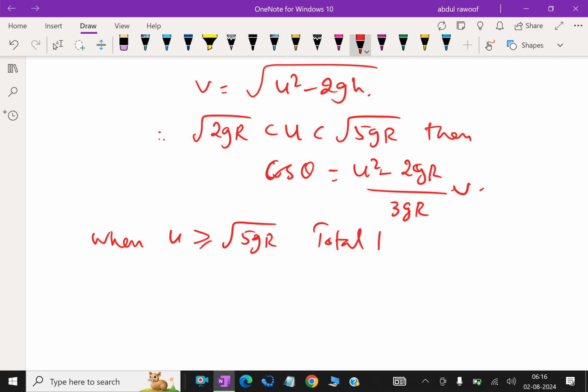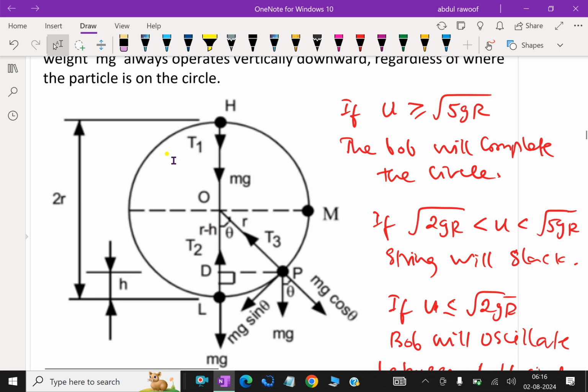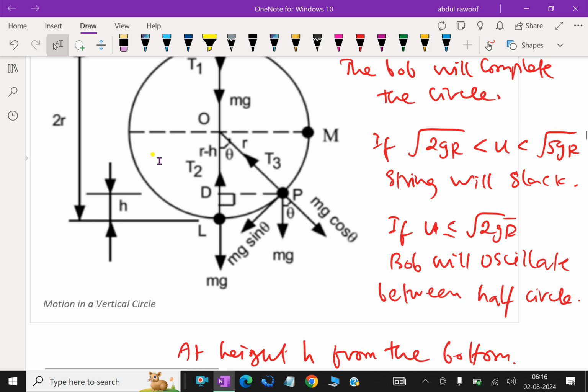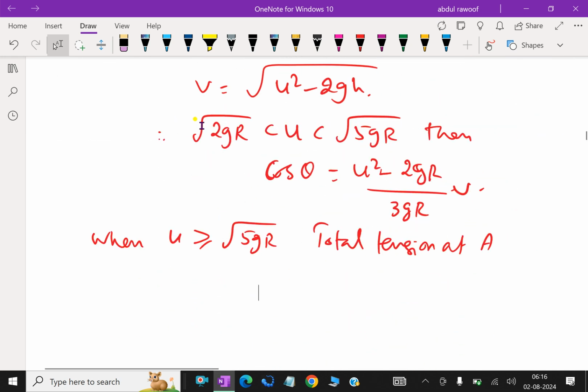Total tension at the downward point, the lowest point, T equals 6 mg.